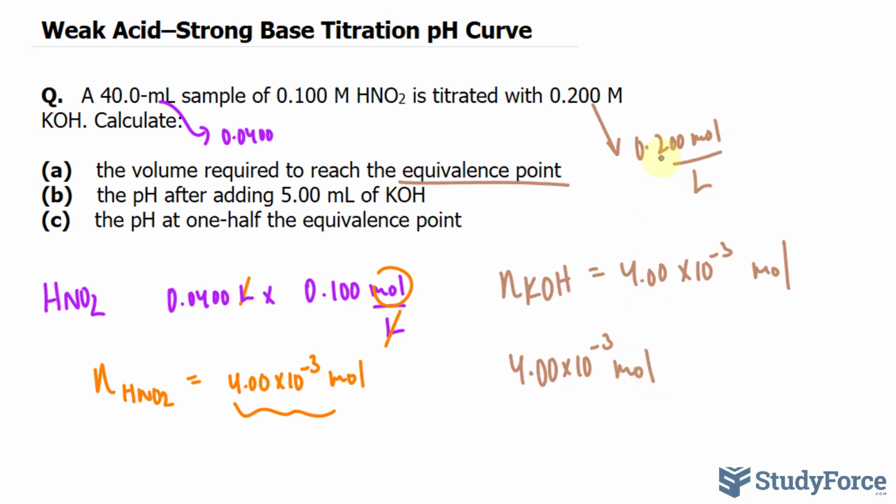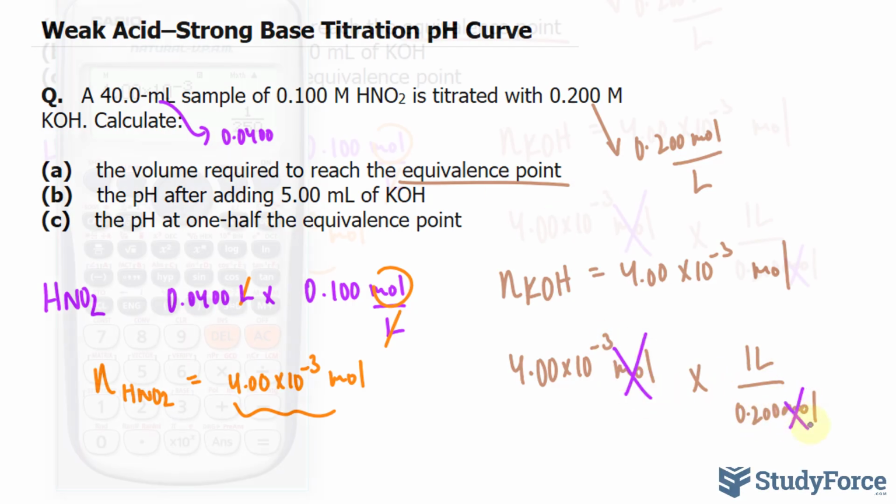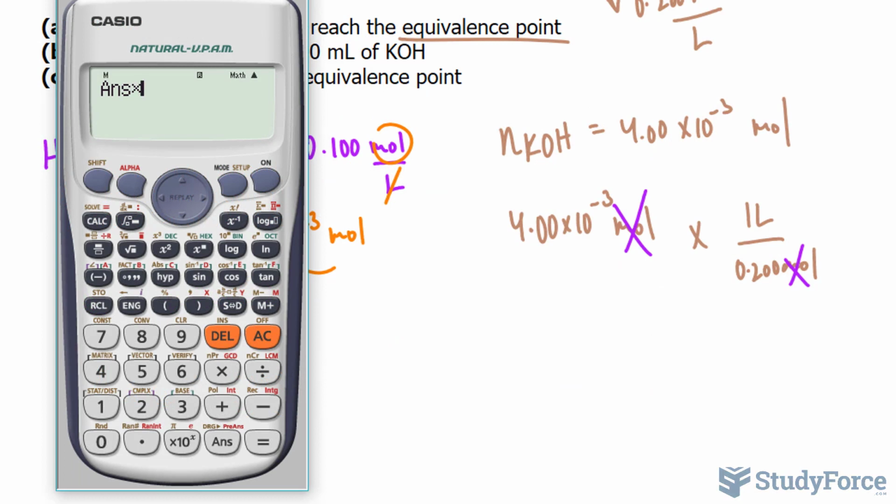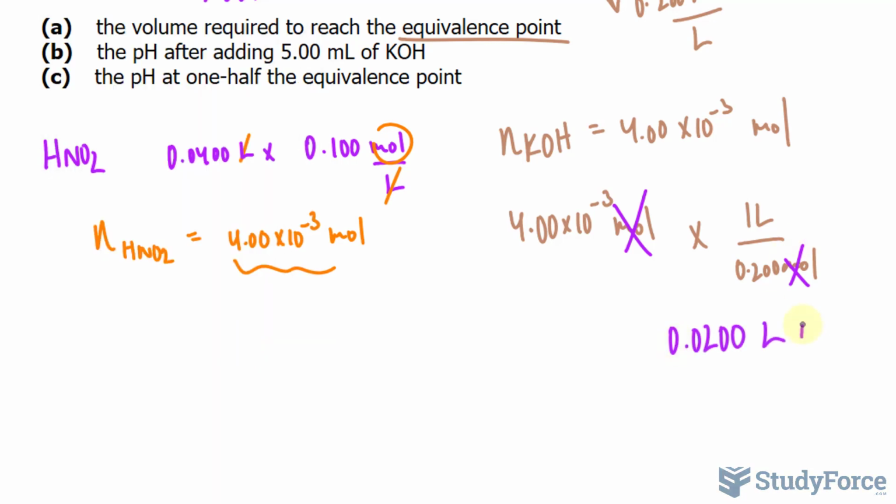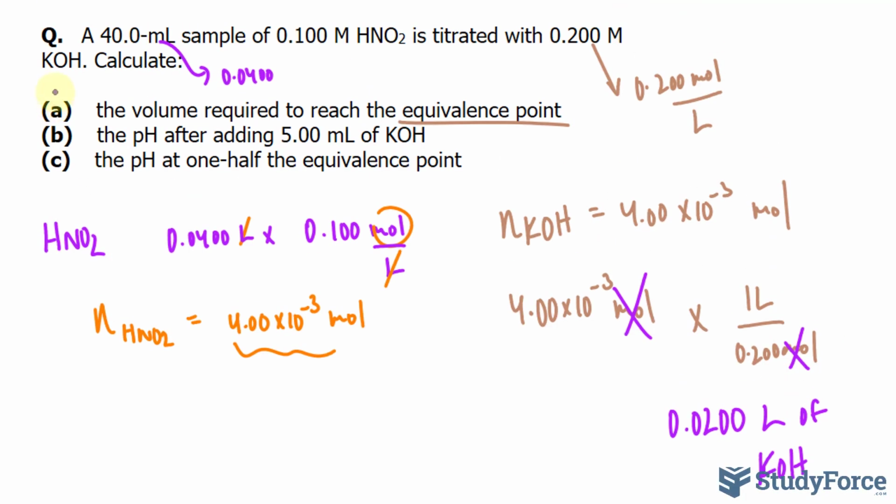We'll flip this around where we have 1 liter at the top and 0.200 mole at the bottom. What this will do is cancel that out, and we'll multiply this by 1 over 0.200, and we get a volume of 0.02 liters of KOH. That right there answers question A.